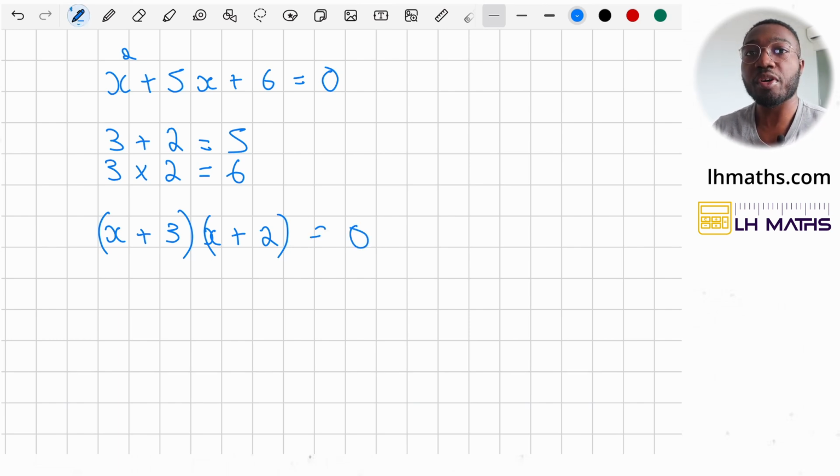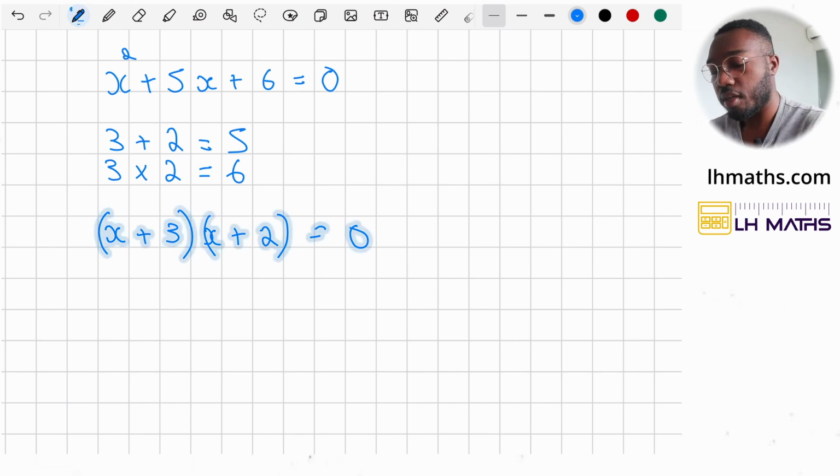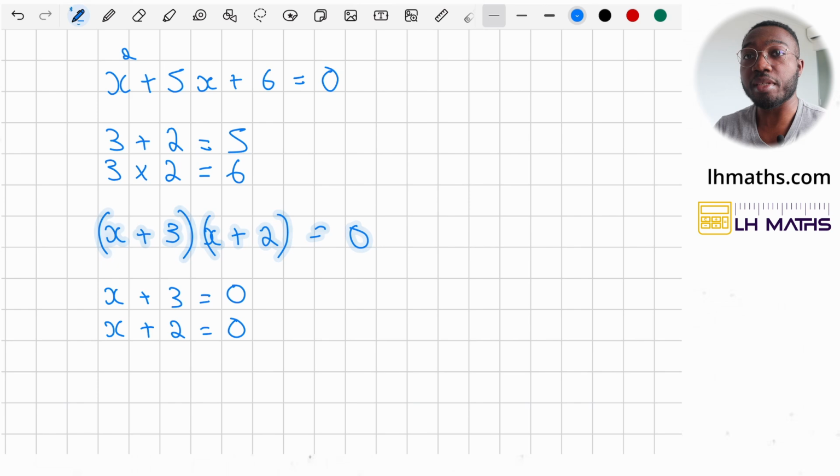This quadratic expression is equal to 0, so there is one more thing that we need to do. Very simple. If it's equal to 0, then we know that x plus 3 is either equal to 0, or x plus 2 is equal to 0. For our answer to be 0, one of these numbers needs to equal 0.